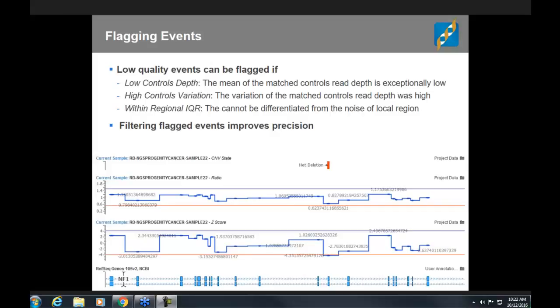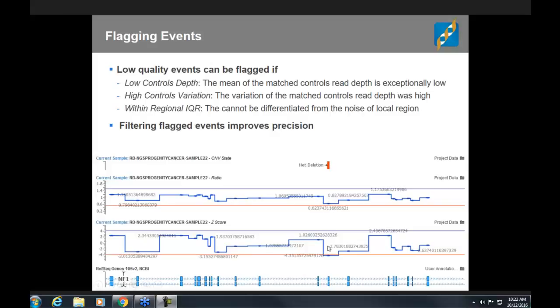And the final flag that we provide is within regional IQR. And this flag just indicates that an event at a given region can't really be differentiated from the noise at that local region, and therefore is likely to be unreliable. An example of this is shown in the figure below, where we have called a het deletion, but this region is particularly noisy.